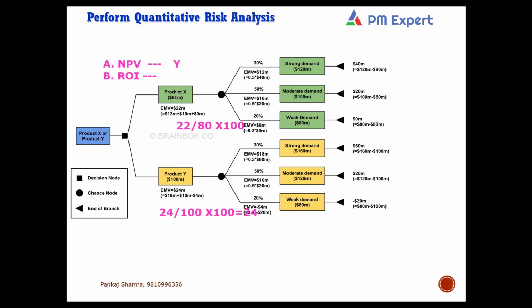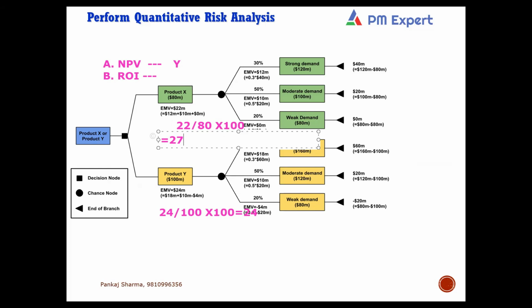So in the case of product X, what is the profitability? 22. And how much was the money spent? 80 million. Where did we calculate the profitability? 22 is EMV based on net present value.